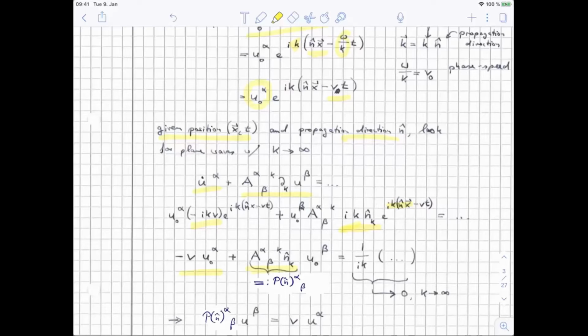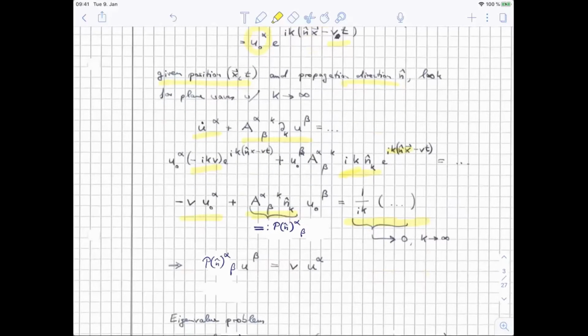And by dividing by ik, the ik shows up on the right-hand side, multiplying whatever else is there. And if we now take the limit of k goes to infinity, that right-hand side will disappear. So consistent high-frequency plane wave solutions must satisfy whatever is left.